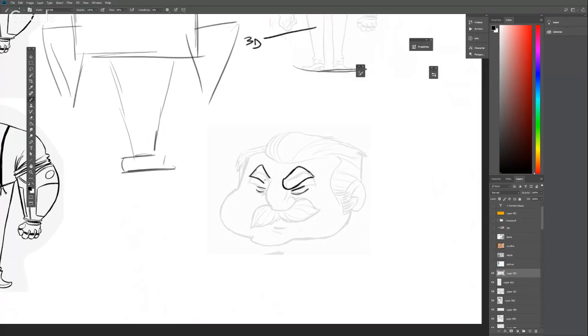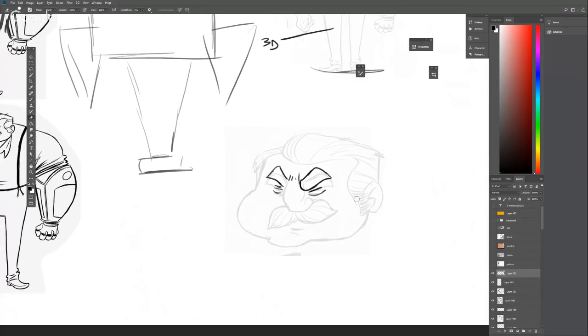Then he looks a bit more angry. I don't know. But yeah, how aggressive do you want him to be? Maybe you can push his mustache a bit in these shapes.